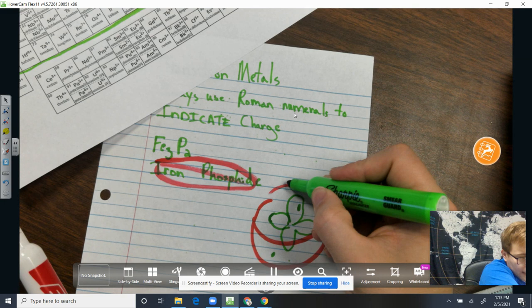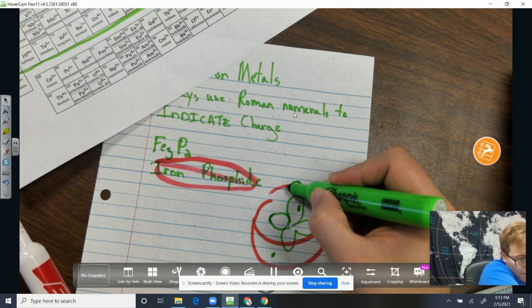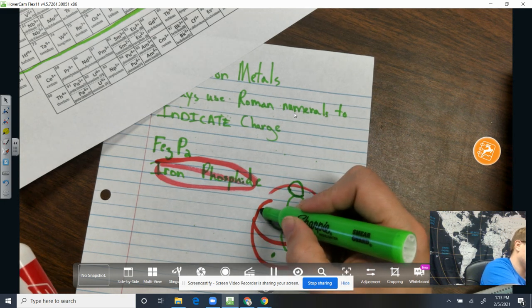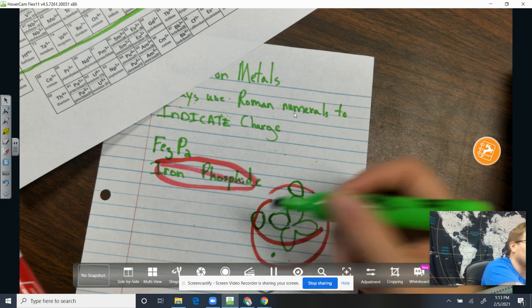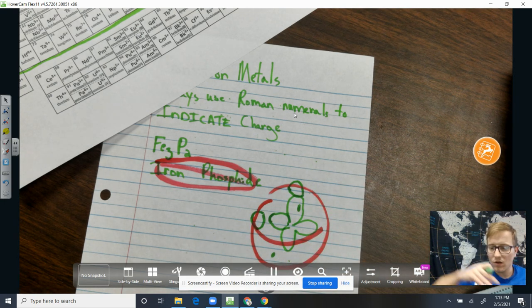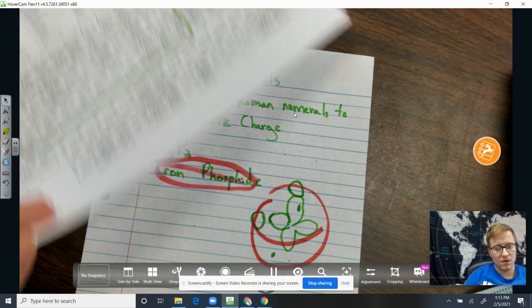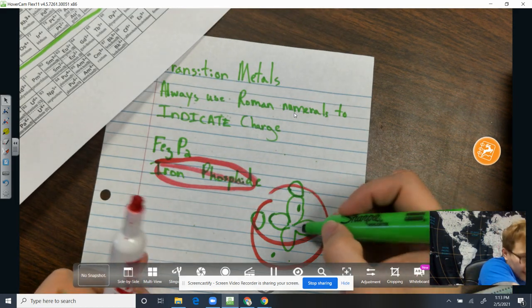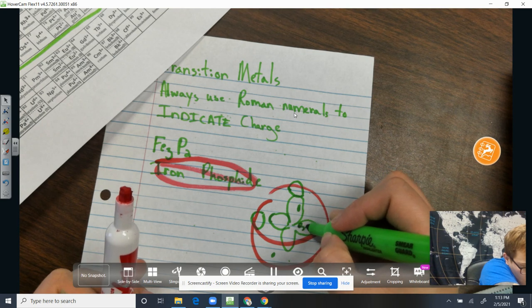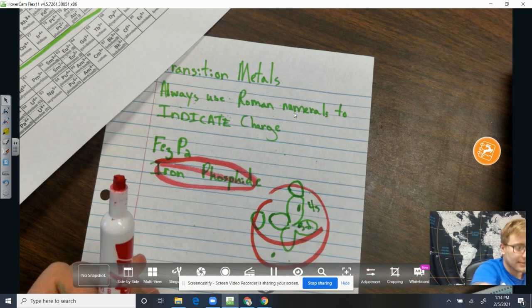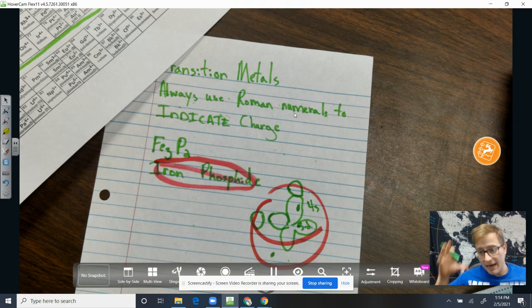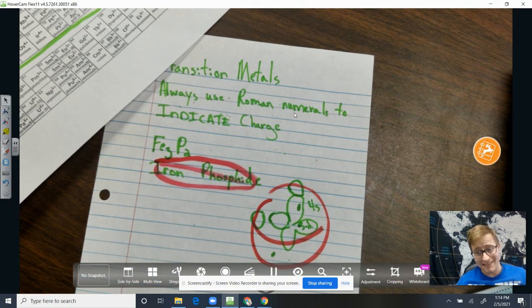But unfortunately, sometimes these can pop out. They can be like, oh, I am reacting. These little clouds actually do this reaction because this is my 3d orbital and this is my 4s. 4s is that outermost energy level, but 3d can make things messy.